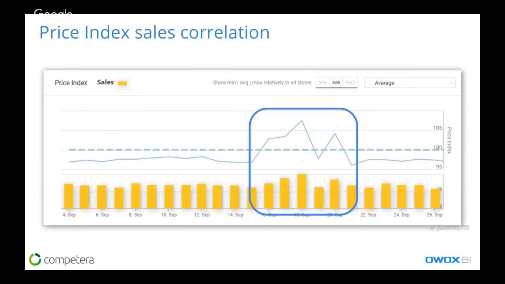And with the help of this correlation, we can basically control and forecast our sales depending on the competitor prices. We can also upload not only sales, but another indicative attribute for us, like the stock level or any other useful attribute.